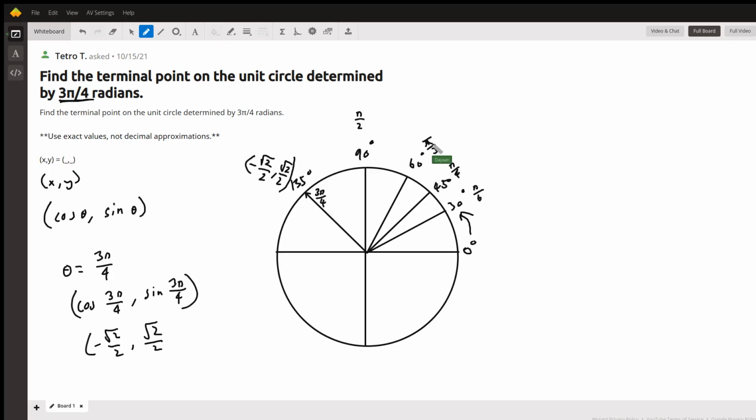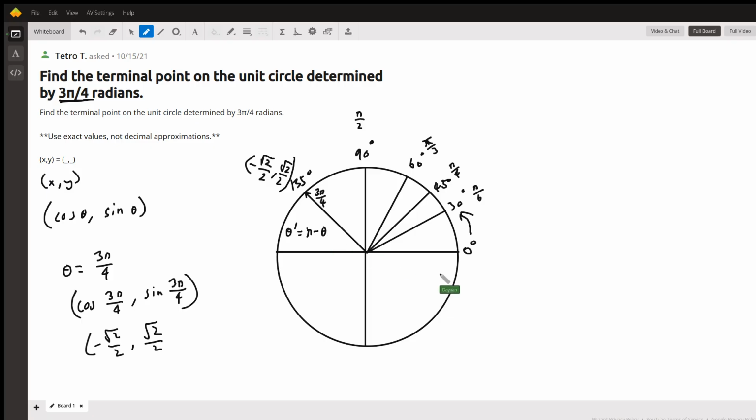So if you know those angles, you can find something called a reference angle. A reference angle is basically an angle that refers back to the first quadrant. So we're finding the reference angle for 135 degrees. If it's an angle in the second quadrant, we can find the reference angle by doing pi minus that angle, right?